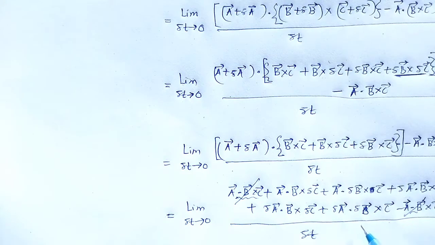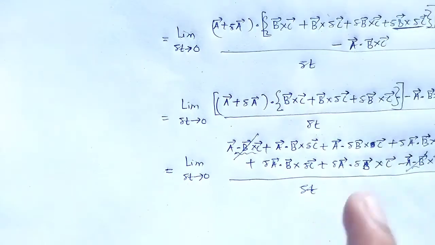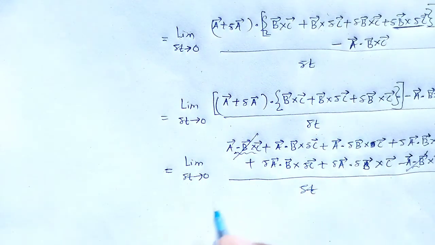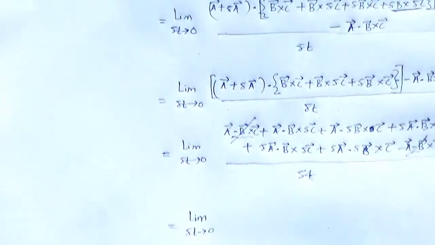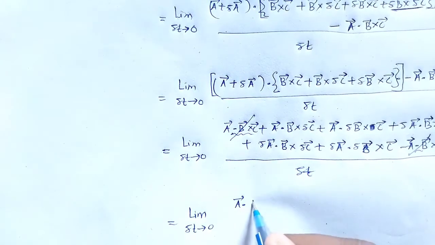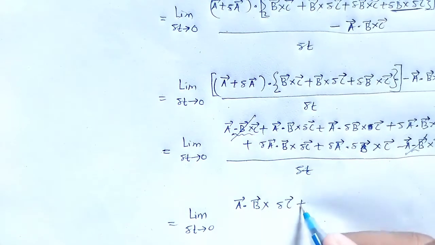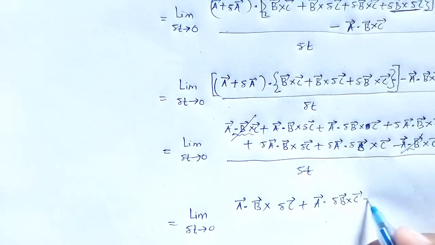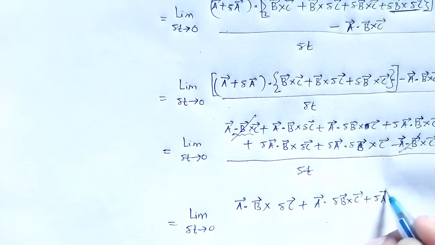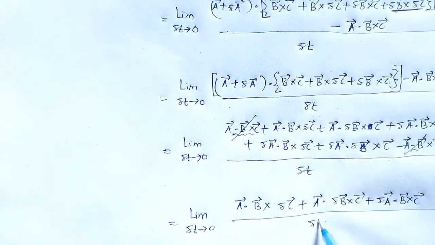Then neglecting the terms which contain products of small quantities, we write the limit as Δt tends to 0 of [a · (b × Δc) + a · (Δb × c) + Δa · (b × c)] divided by Δt.